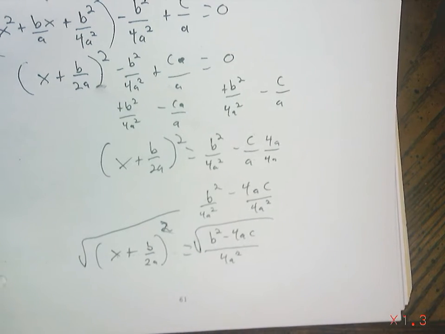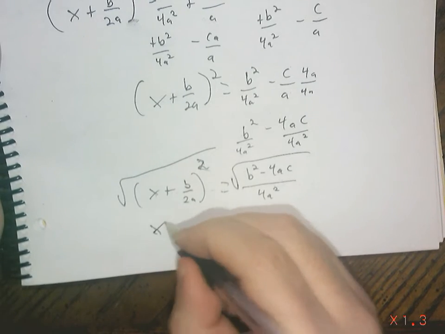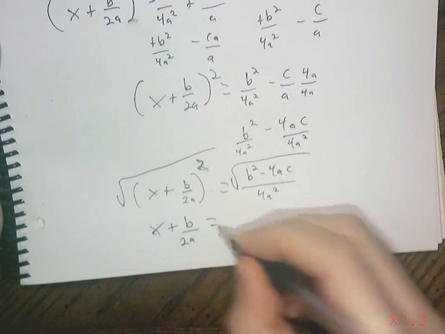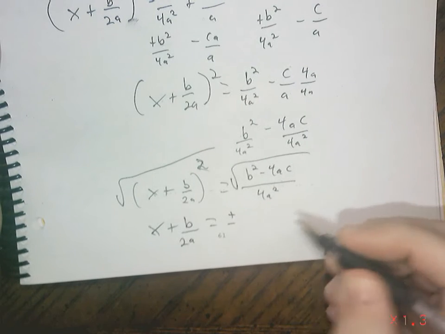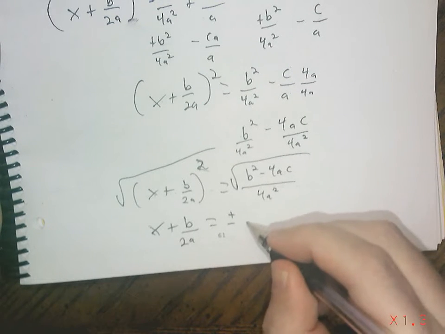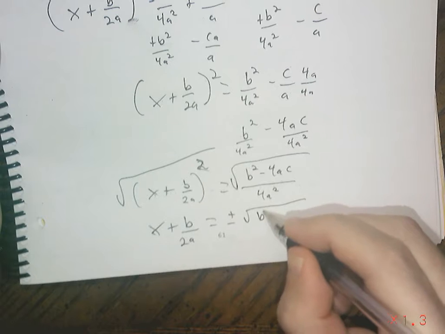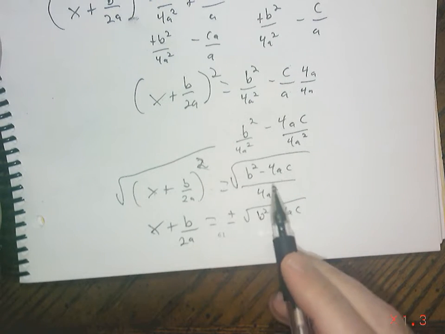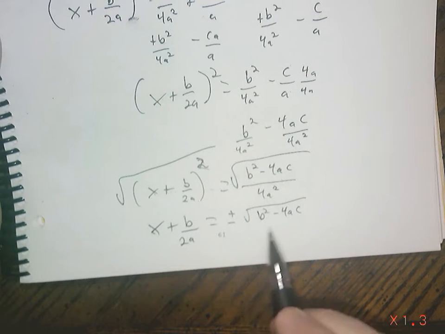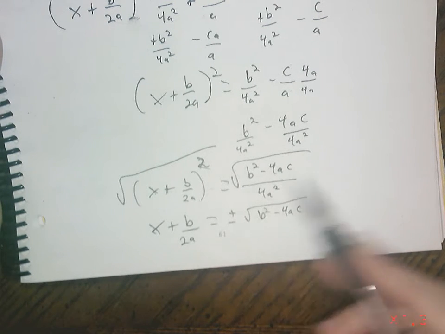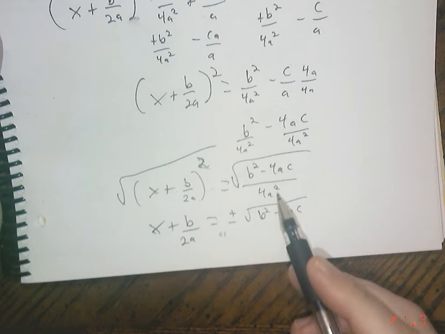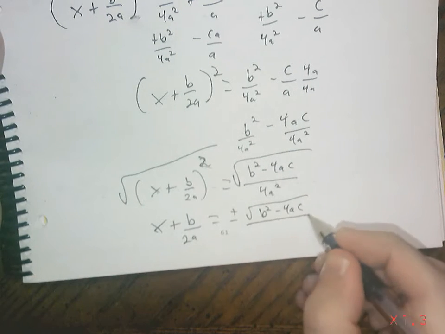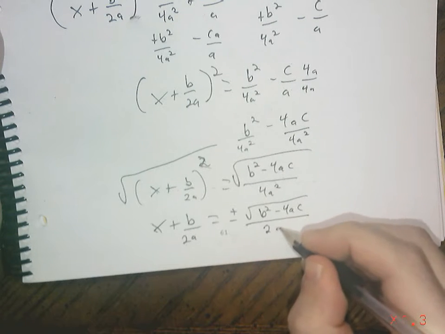So I square root both sides, that gives me x plus b over 2a is equal to plus or minus the square root of b squared minus 4ac. And then can I square root 4a squared? Does that go evenly? It does, right? What does it become? Square root of 4 is 2. Square root of a squared is a.